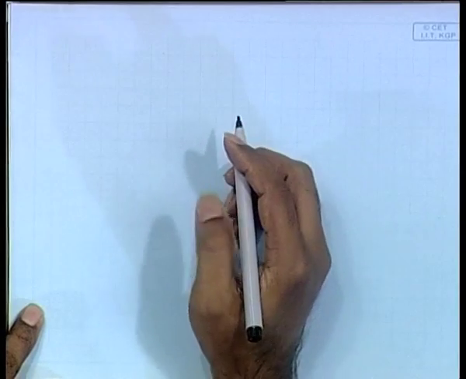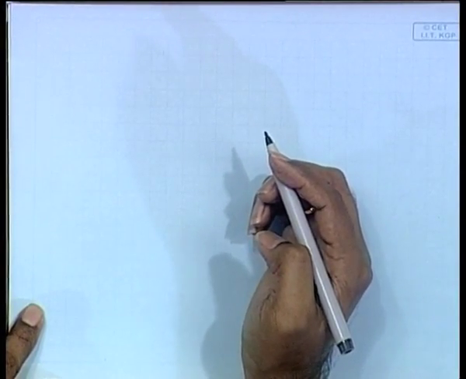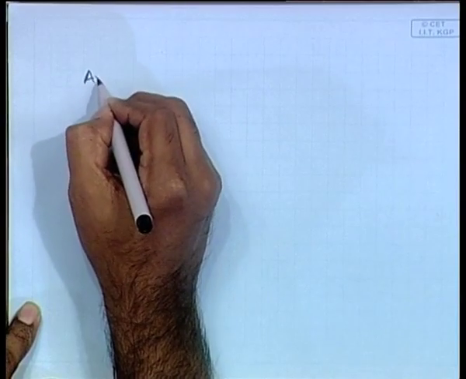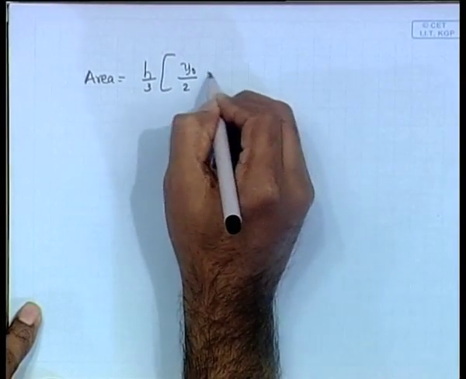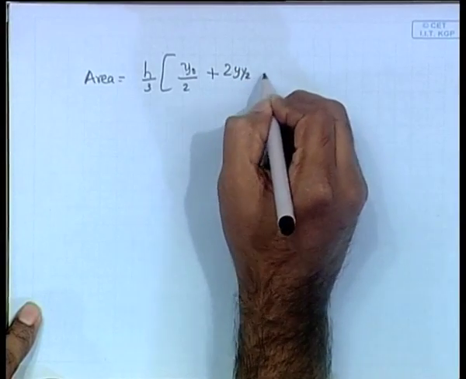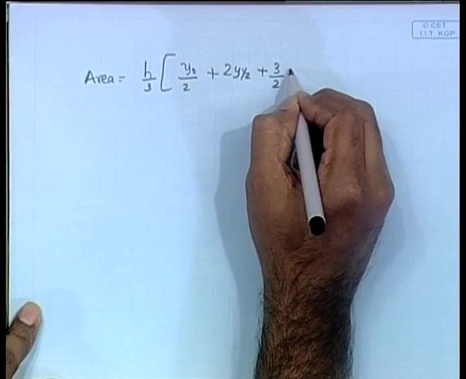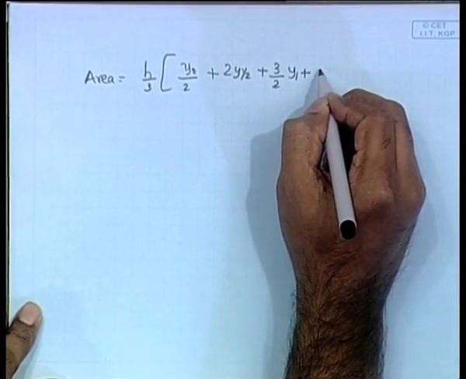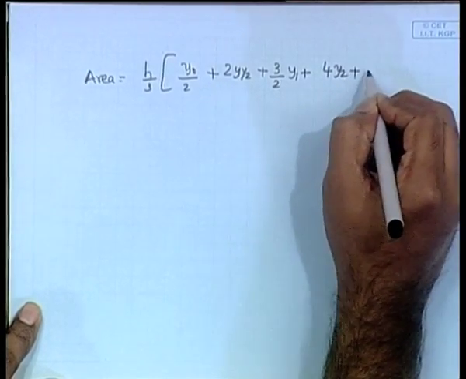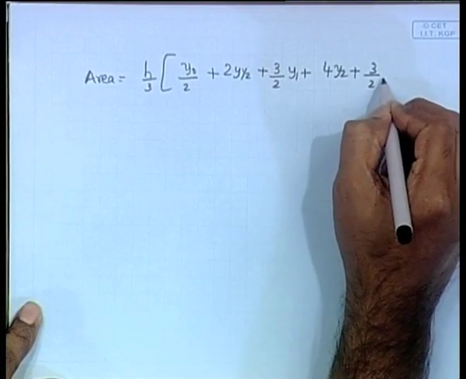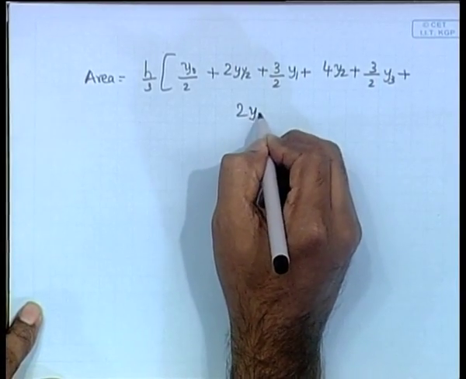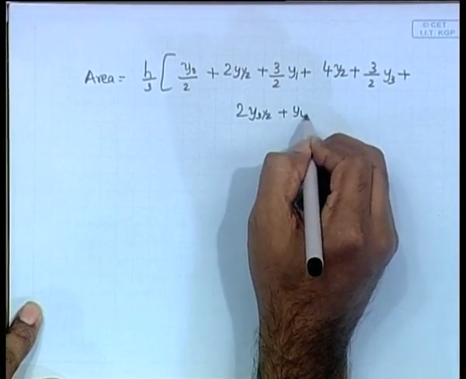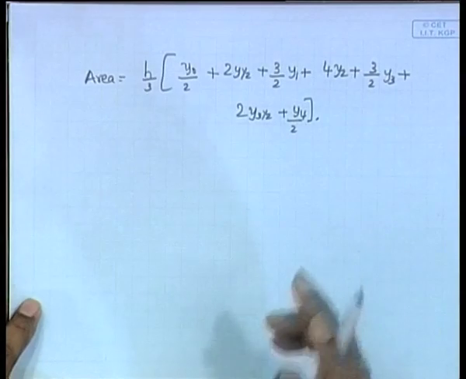You will get a value, it becomes something like h by 3 into y 0 by 2 plus 2 y half plus 3 by 2 y 1 plus 4 y 2 plus 3 by 2 y 3 plus 2 y 3 and a half plus y 4 by 2. It will become like this.